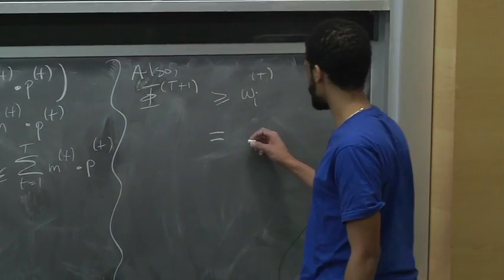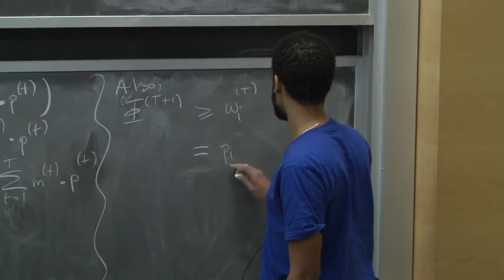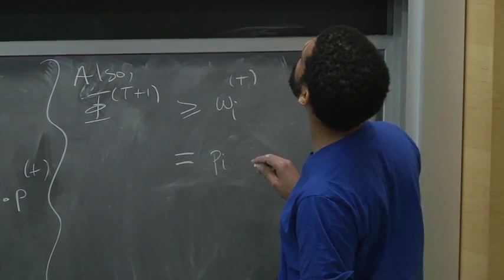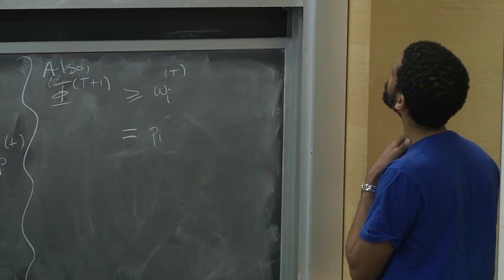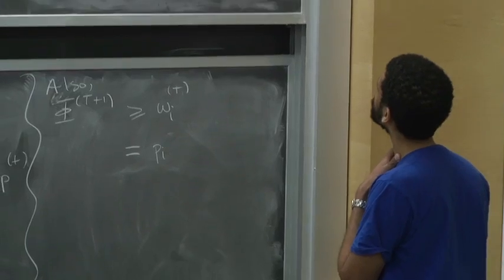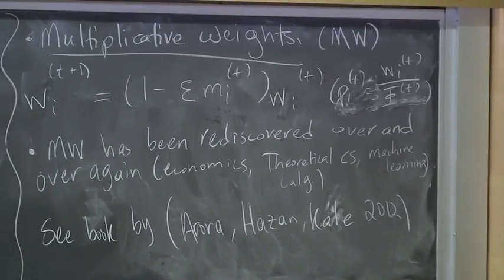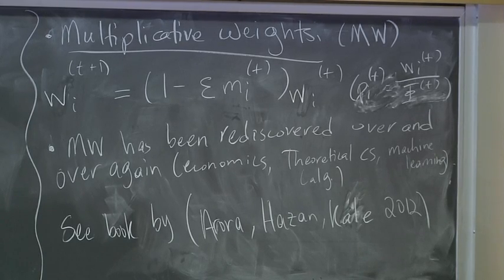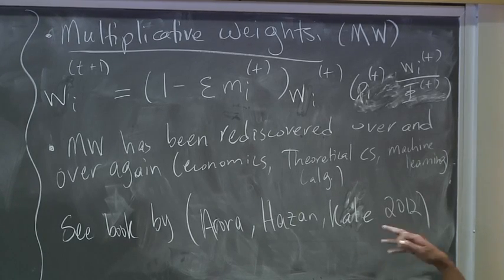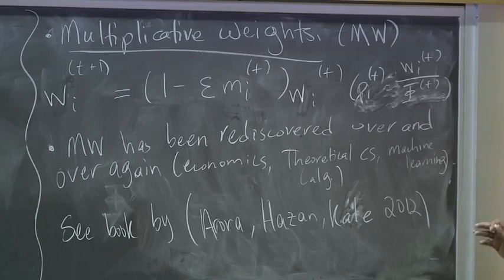Right, that's right. So this is equal to pi of t times, well, let me just write it in terms of, yeah, so that's true. But not expressing in terms of p, just in terms of that.